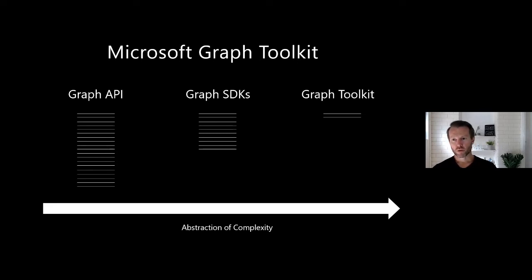But the Graph Toolkit is the newest thing to be added from a development point of view, and that's the topic of this session. The Graph Toolkit is built on top of those Graph SDKs, and it goes one step further. The Graph Toolkit is a collection of components, and these components not only include binding to the Graph to go and fetch data, but they also include the front-end UI associated with that as well.